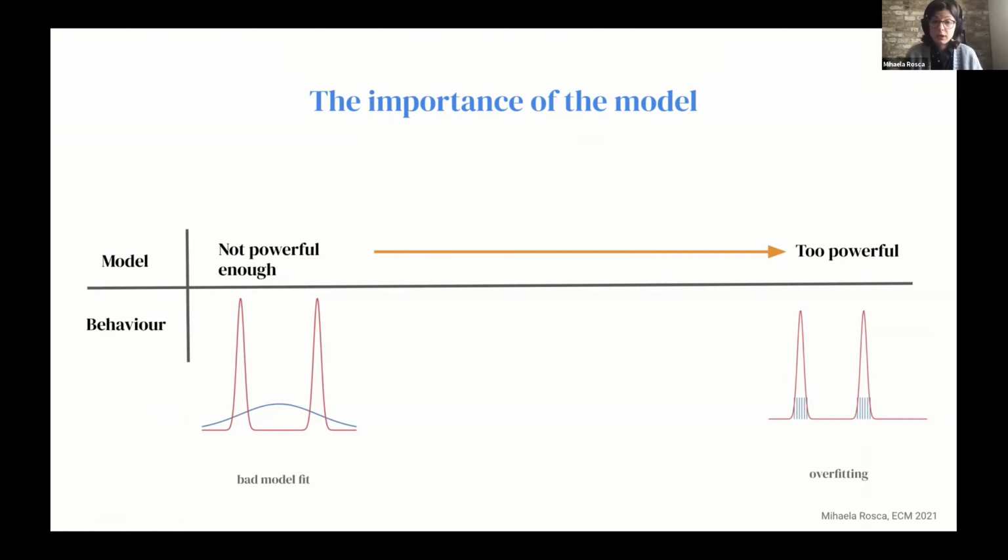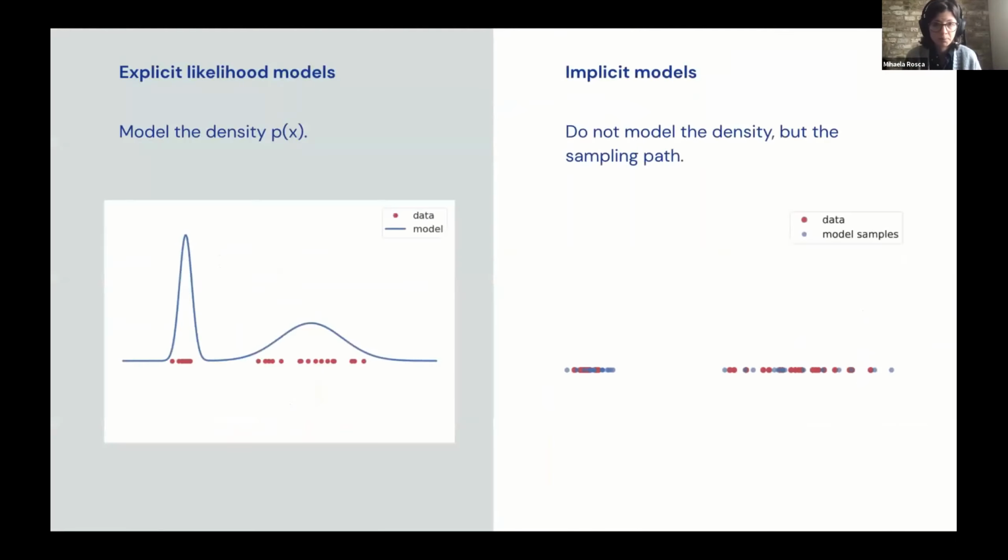And I might get, for example, as in the example shown on the left, a lot of samples from these distributions that have very low mass under the true distribution. Or I might completely overfit to the data and not be able to generalize. So we want to be somewhere in between. And it's very important to have that in mind as we will go, for example, through the next cases.